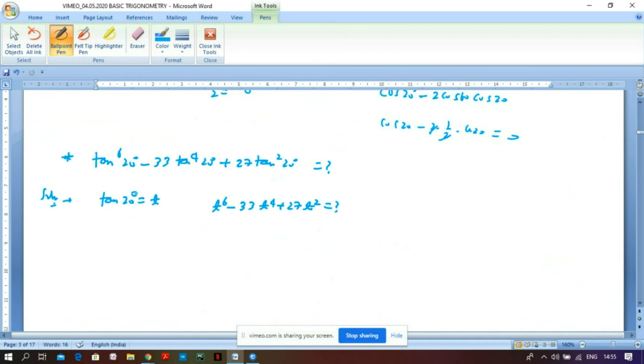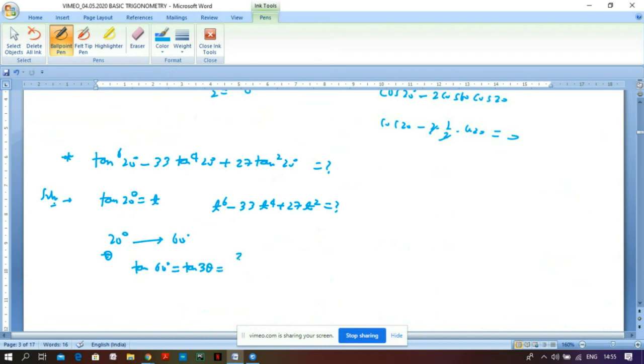Now tan 20 I do not know, but I of course know tan 60. So the route is from 20 to go to 60. So we'll write that tan 60 is tan of 3 theta.